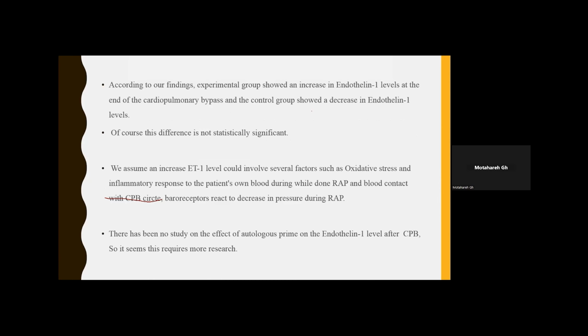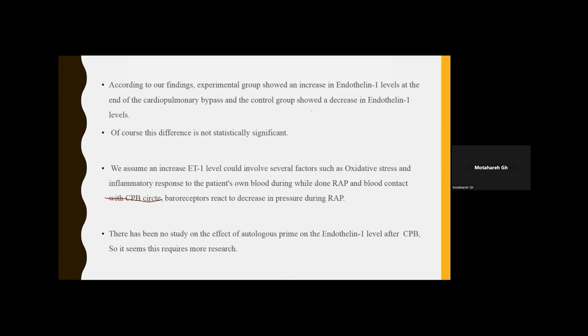According to our findings, the experimental group showed an increase in endothelin 1 level at the end of the cardiopulmonary bypass, and the control group showed a decrease in endothelin 1 level. Of course, this difference is not significant.